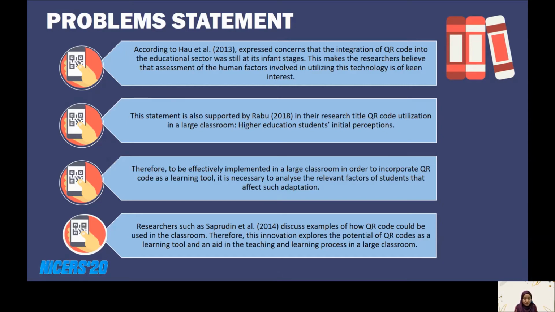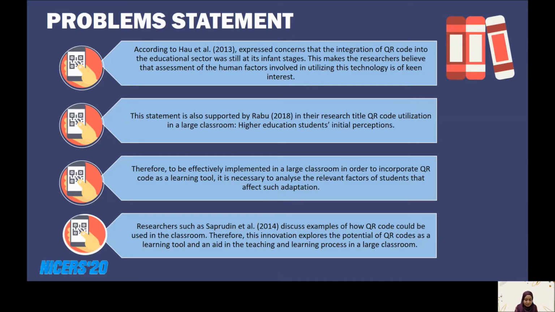This statement is also supported by Rabu 2018 in their research titled QR code utilization in a large classroom: higher education student initial perception. Therefore, to effectively implement QR code as a learning tool in a classroom, it is necessary to analyze the relevant factors of students that affect such adaptation.